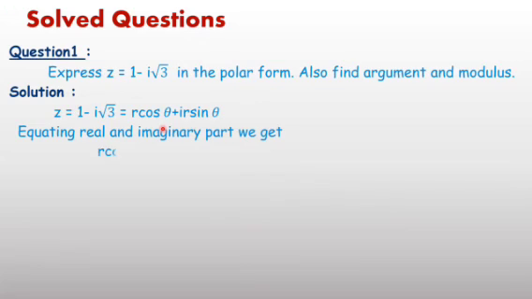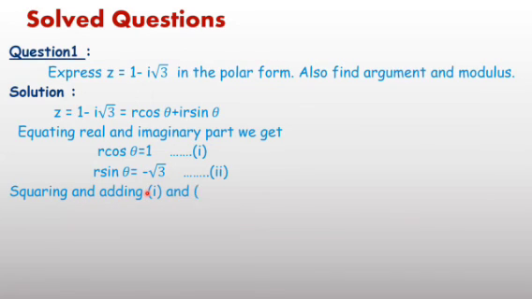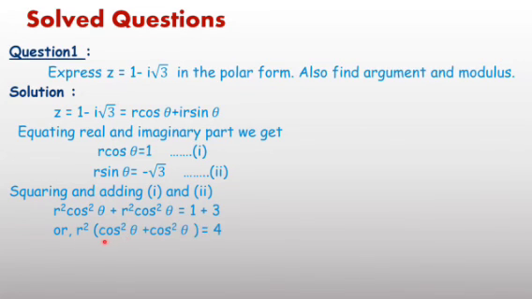Equate both sides. You will get r cos theta equal to 1 and i r sin theta equal to minus i root 3, or you can say r sin theta equal to minus root 3. Square and add them. You will get the value of r. Value of r square equal to 4 and r equal to 2.